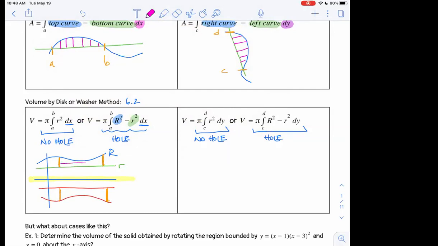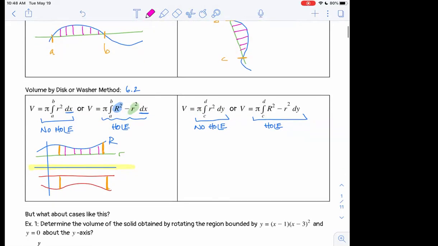So I don't want to draw a line like that. That would not be a good line to draw if you wanted to use washer method. But what you could do is draw a line like this. That pink line is perpendicular to the axis of revolution. All of these pink lines are perpendicular to the axis of revolution, okay?